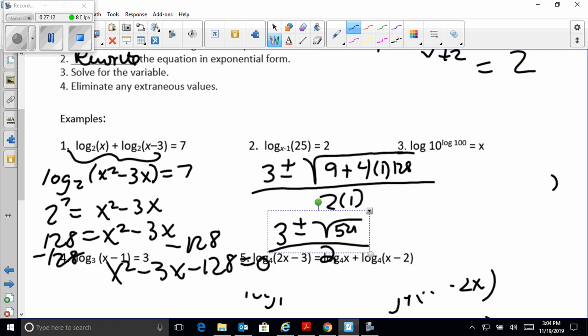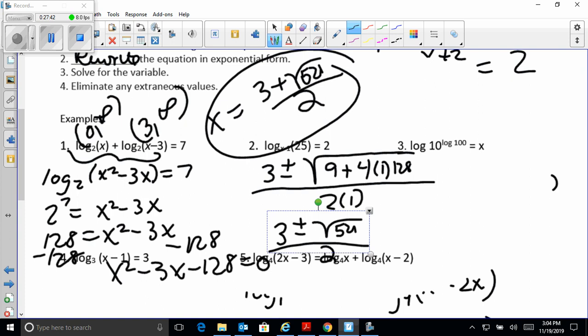When I plugged in the positive one, because remember, 0 to infinity here, there's going to be 3 to infinity, so it's going to fit. When I tested the positive one, it worked. So you can plug that in, 3 plus square root of 521 divided by 2, it ended up being in the right area, but when I did the subtraction one, 3 minus, it doesn't. So the only one is 3 plus square root of 521.